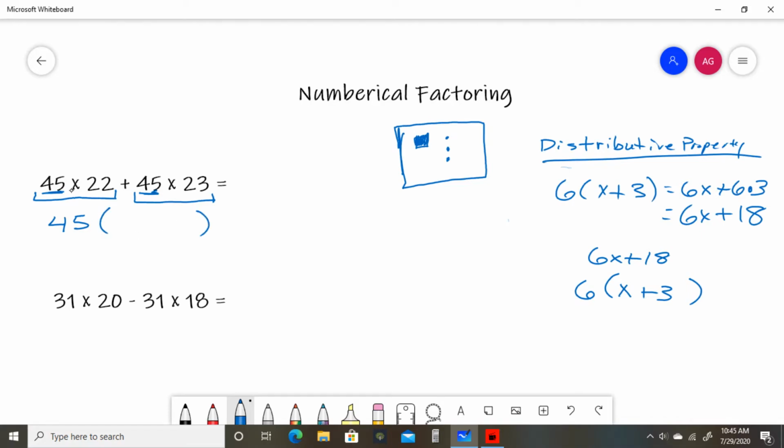And if you divide 45 out of this expression, you'll be left with just 22. And if you divide 45 out of this expression, you're going to be left with 23, which kind of makes sense. If you have 22 of something and you add 23 of something, you're going to end up with 45 of that something. It's pretty intuitive, if you ask me.